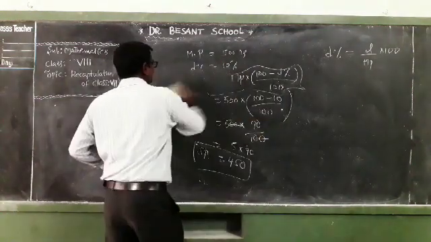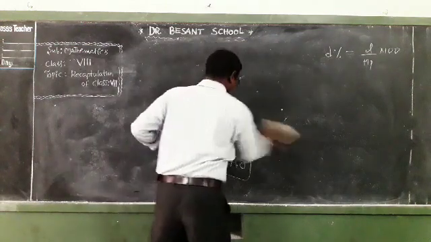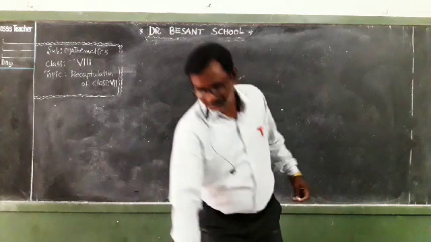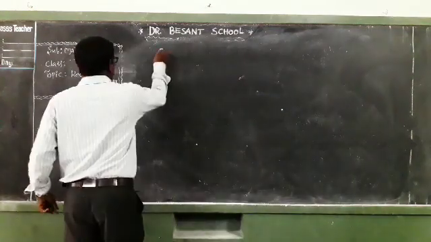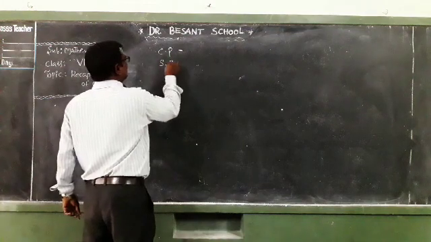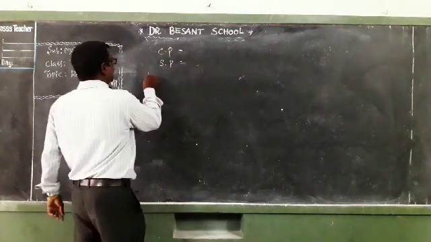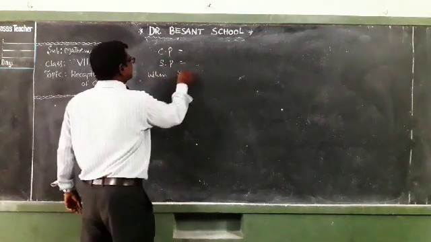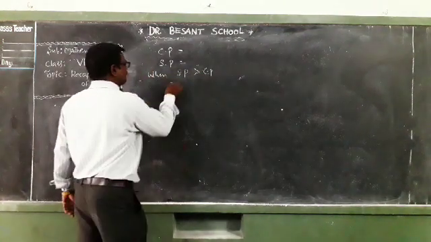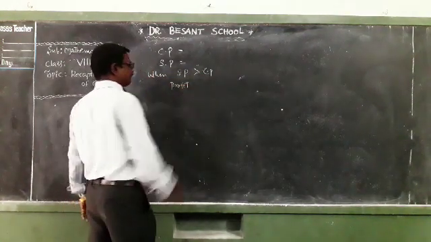Again, see what we learned from this chapter. Suppose the cost price of an article is something and the selling price of the article is something. Whenever the selling price is greater than the cost price, obviously we get profit or gain.